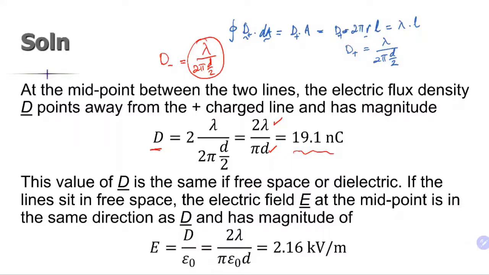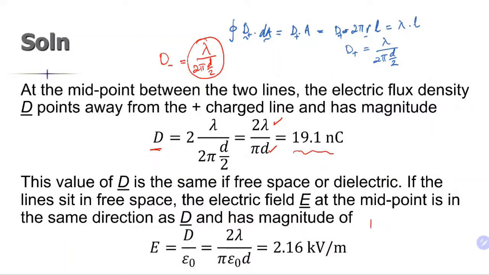Because this is the electric flux density D, it is the same whether it is in free space or in the dielectric. Then to work out the electric field E, we simply divide the electric flux density by the permittivity of free space, epsilon naught. If you do that, it works out to be 2.16 kilovolts per meter. That will be the electric field if the surrounding area is air.